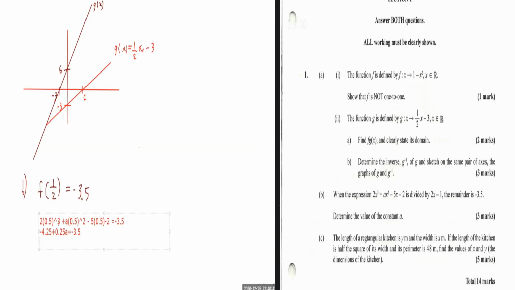So we can add 4.25 to both sides to get 0.25a equal to -3.5 plus 4.25.